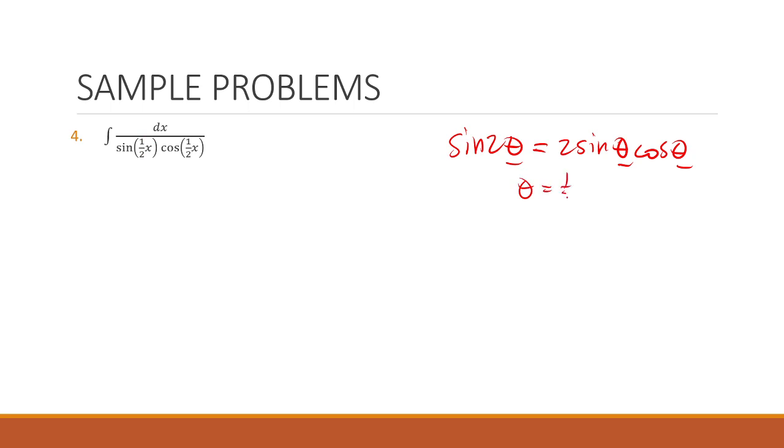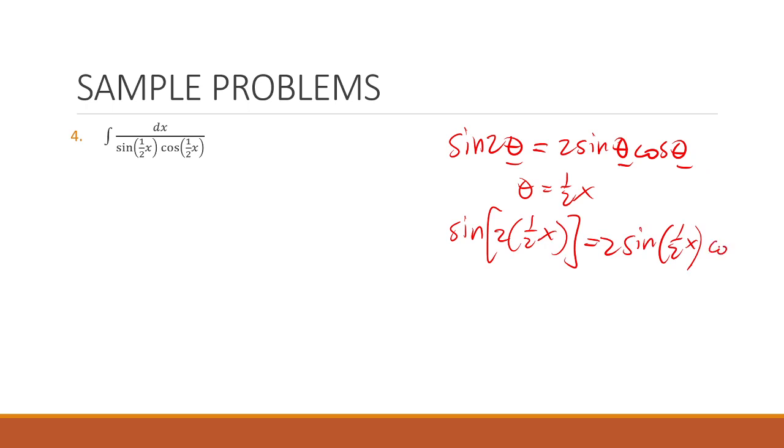So theta equals 1/2 x for this particular example. Okay? So mangyayari, class, if we plug in 1/2 x, so sine 2 times theta, theta is 1/2 x, equals to 2 sine 1/2 x cosine 1/2 x. Okay, so simplify lang. 2 times 1/2, that's 1.